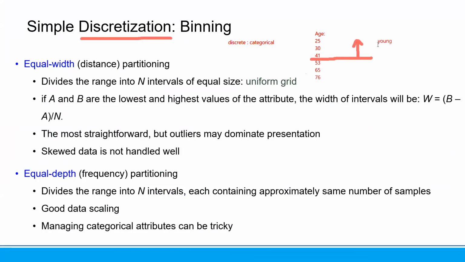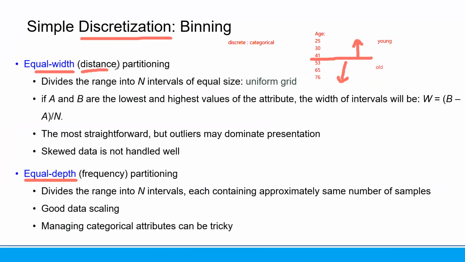And a person who is more than 50, they are old. So I can put the discrete values, young and old. That's the meaning of discretization. And we can do the discretization by binning. There are two methods. The first is equal width and the other is equal depth.